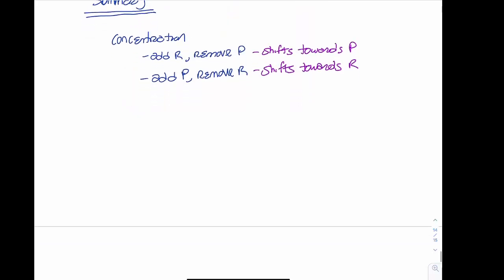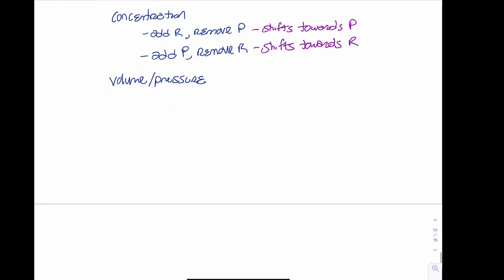If we look at volume, pressure, so if we have an increase in volume, so V for volume, which is a decrease in pressure, we're going to shift to the side with more moles of gas.